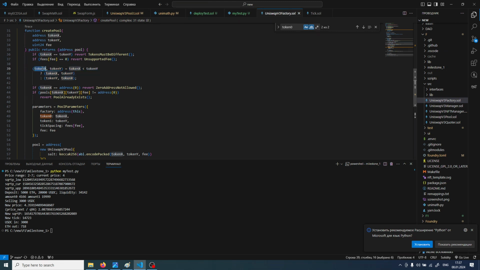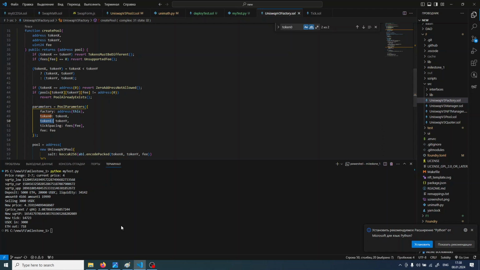So if token X is lower than token Y, it will be token X, token Y. Else, in the other way, we define token Y and token X. We return this information and create the pool with this token 0 and token 1.